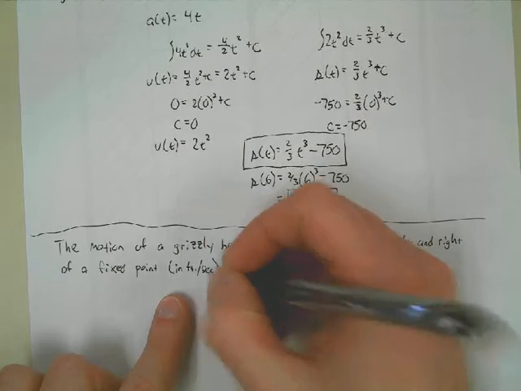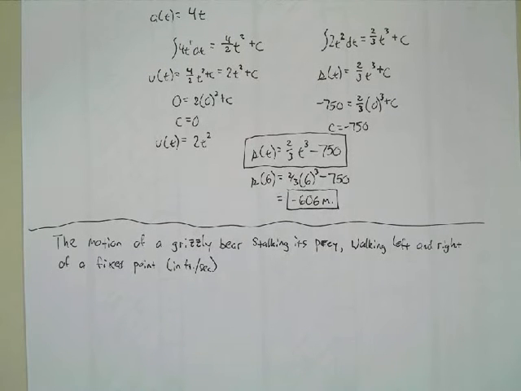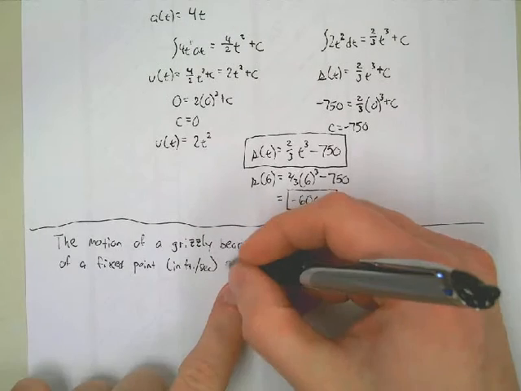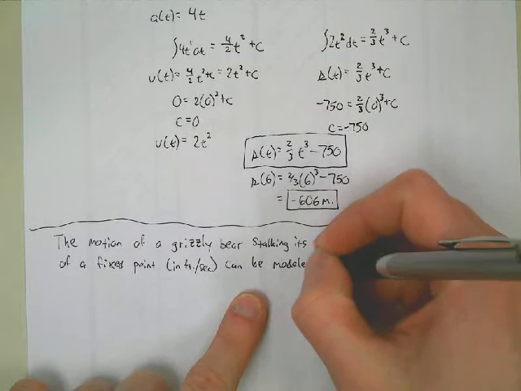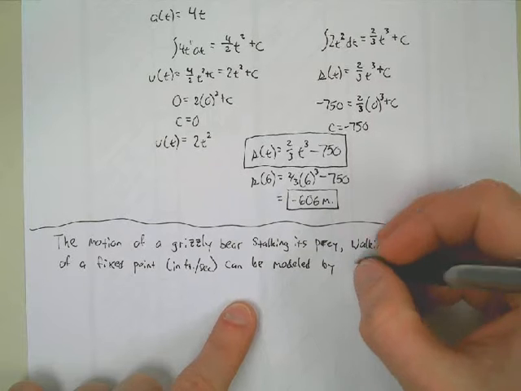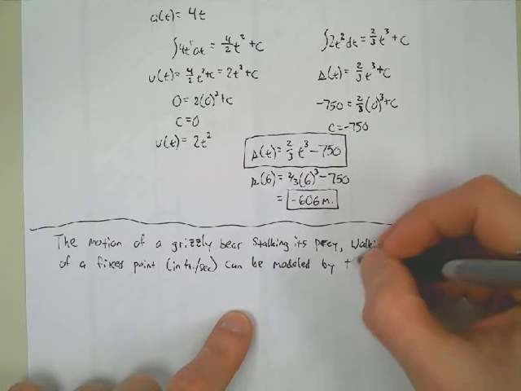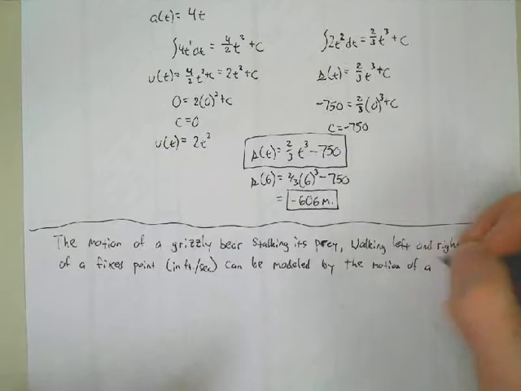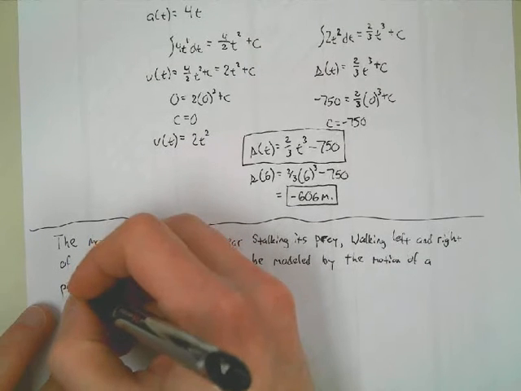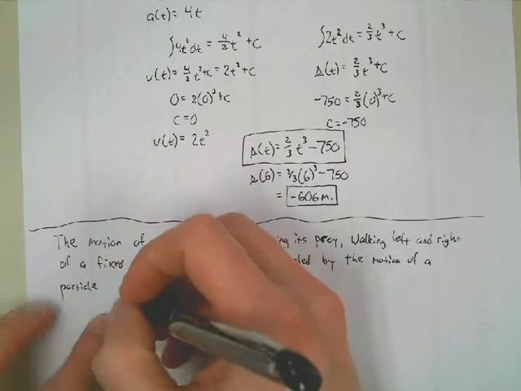Those units indicate we're talking about its velocity. Okay, can be modeled by the motion of a particle moving left and right along the x-axis.